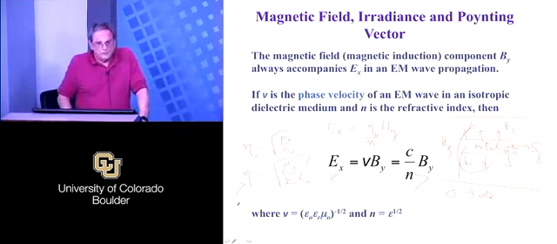So these are the equations, the relation of E and B. Again, we have a picture that looks like this. E and B are propagating along.